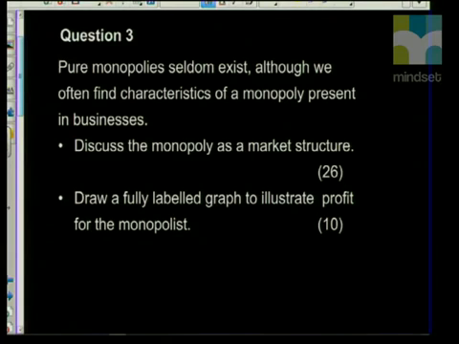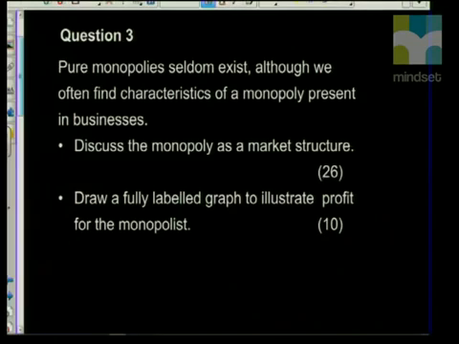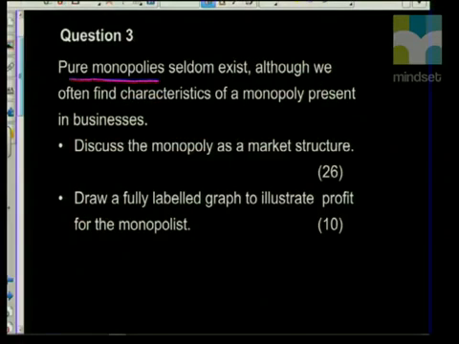Now in this question, you can clearly see the difference between the main part and the additional part, because section C will usually consist of a question made up of 2 parts. The very important thing about writing this question is that you must start with an introduction. Looking at this question, they mention pure monopolies, they mention characteristics, they want you to discuss the monopoly as a market structure, and they clearly indicate that this is worth 26 marks.